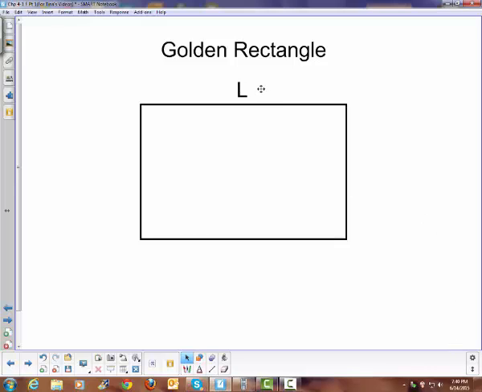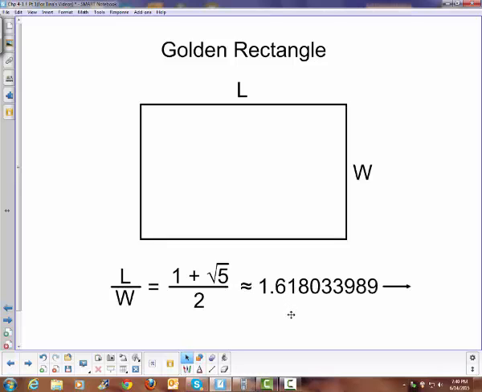If we take the length of the figure and divide it by its width, as shown here, length over width, it should be equal in value to 1 plus the square root of 5 all over 2, or approximately equal to 1.618033989, continuing to infinity.